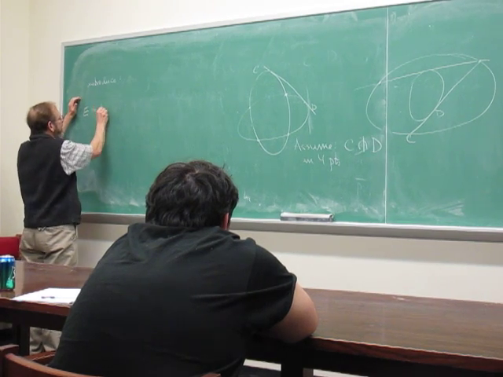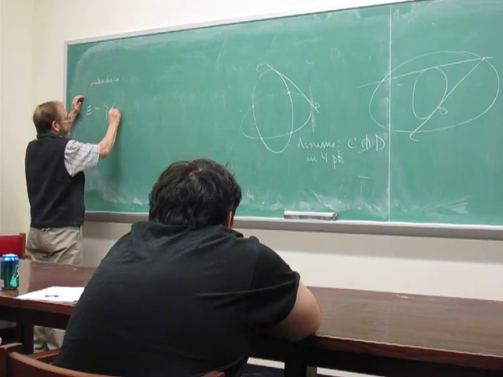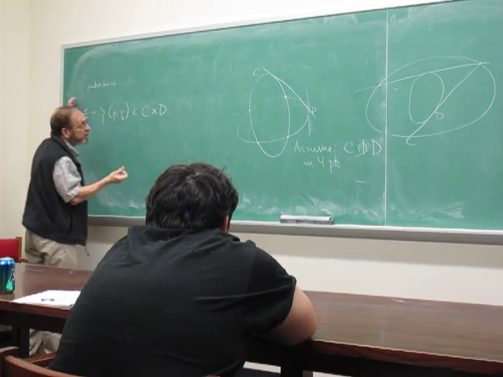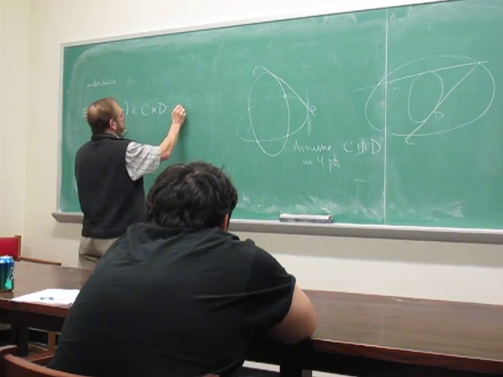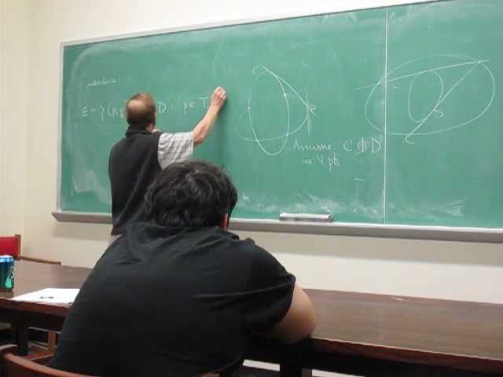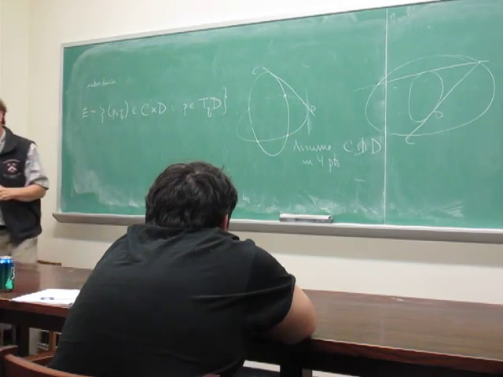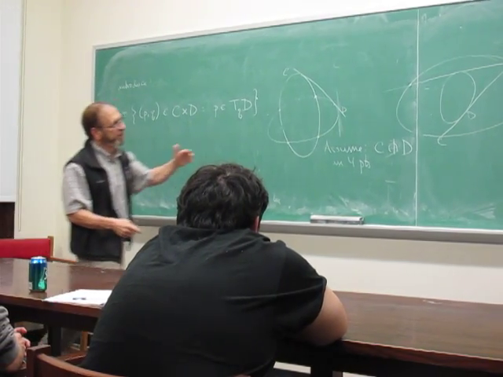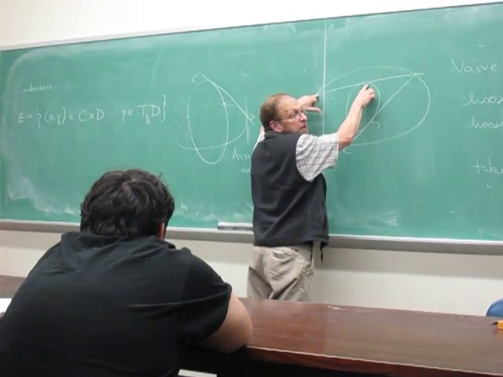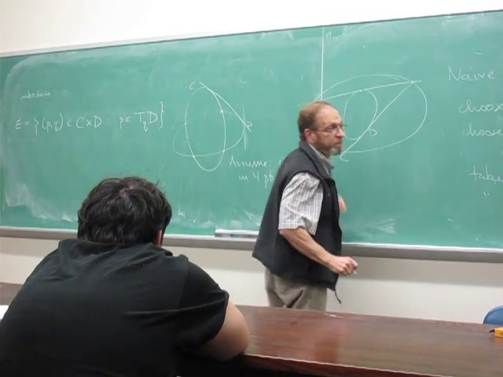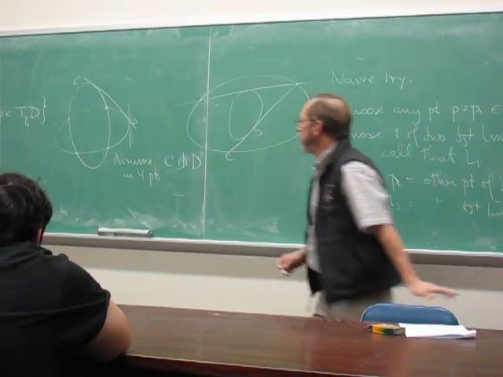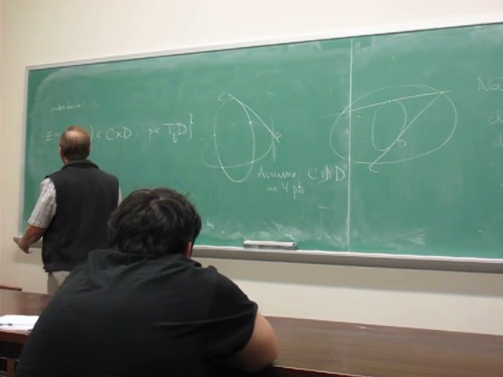Let's call it E. It's the set of pairs, P and Q. This is going to be a point on C and a point on D, simply such that the point on C lies on the tangent line to D at the other point. So it's pairs consisting of a point of C and a point of D satisfying this relationship.